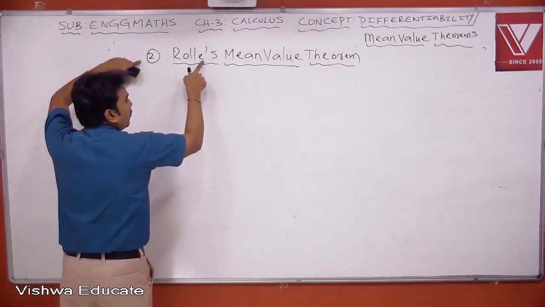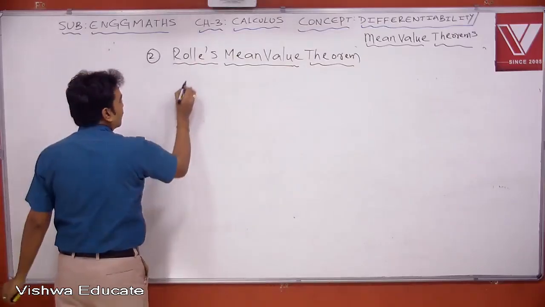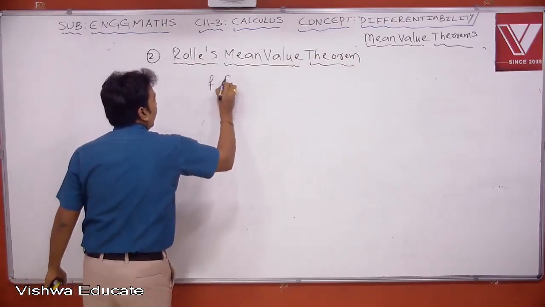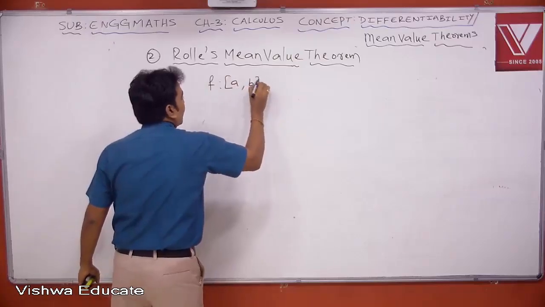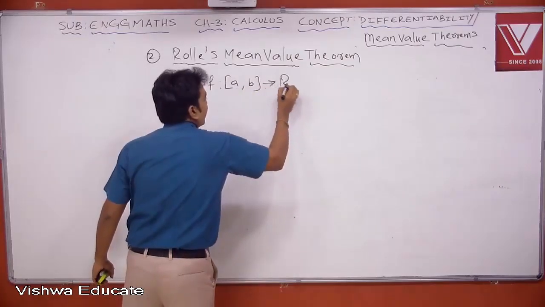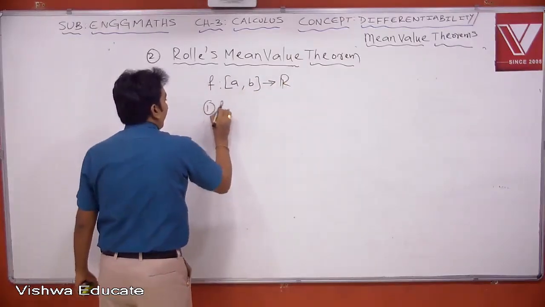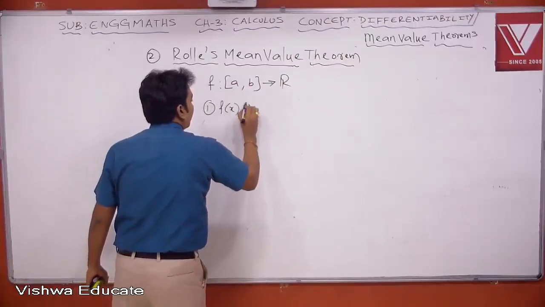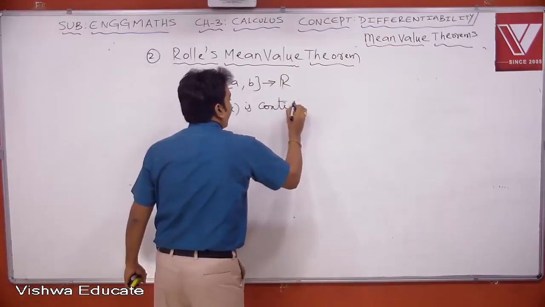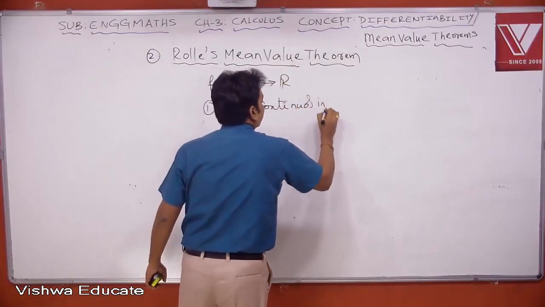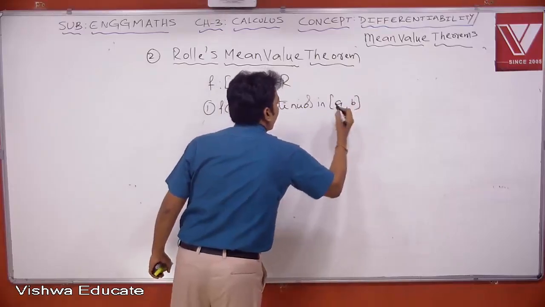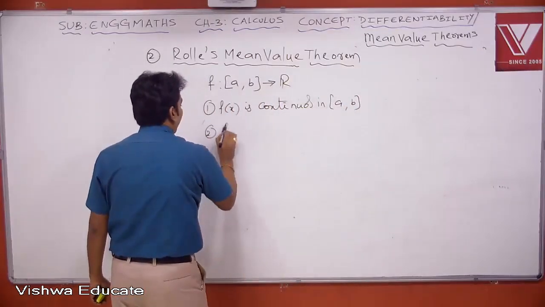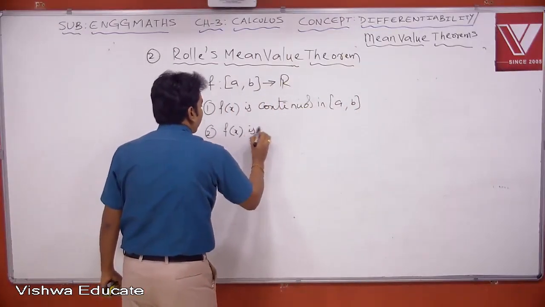Now basically this is a particular case of Lagrange's mean value theorem. Suppose we have a function f from closed interval a b to R such that f of x is continuous in closed interval a comma b, and f of x is differentiable in open interval a comma b.